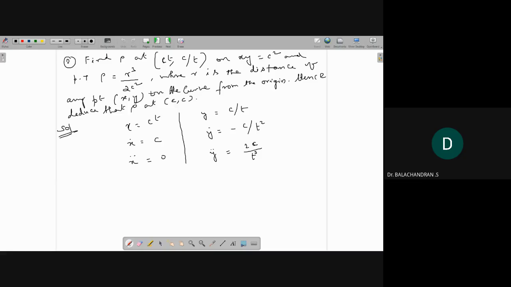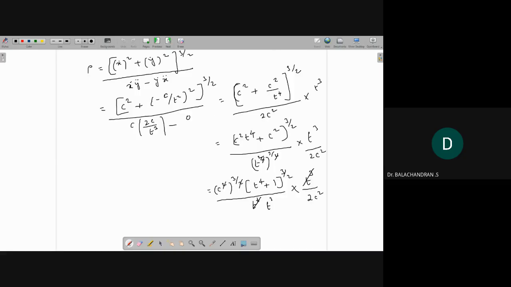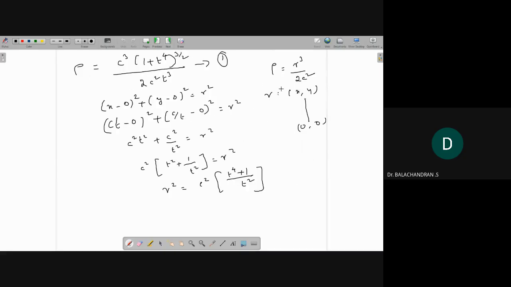That is the second part. So r is any point x on the hyperbola from the origin. So distance between the 2 points using the formula. So x minus 0 whole square plus y minus 0 whole square equal to r square. So r is the distance.